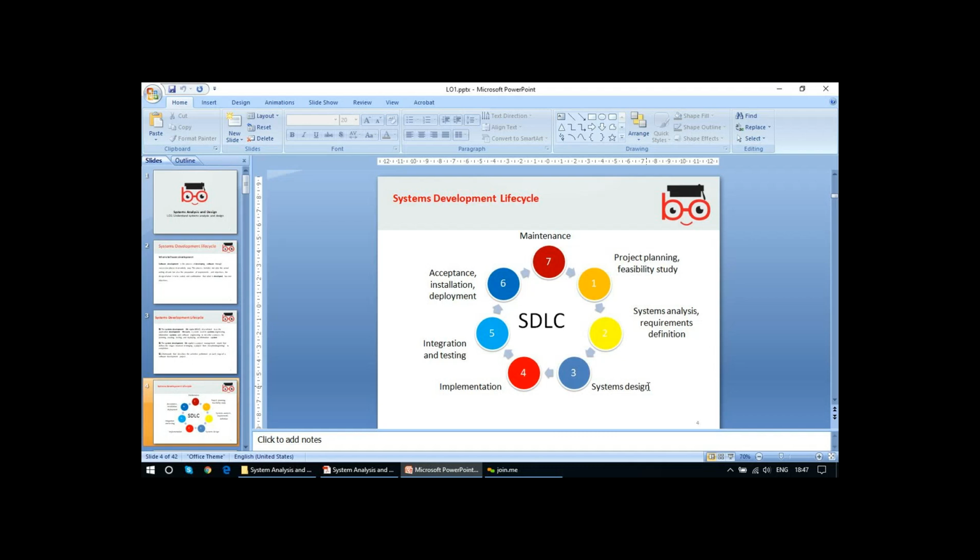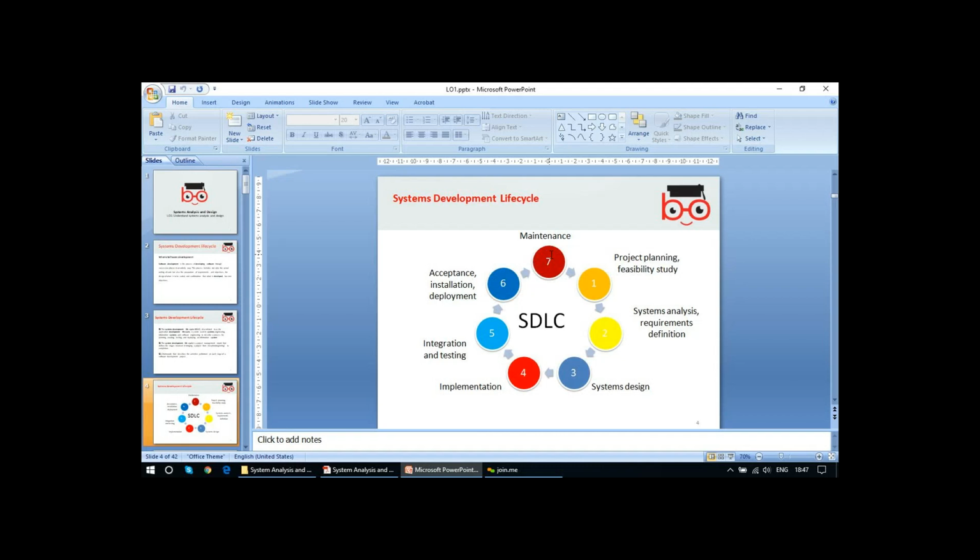Then implementation is the fourth one. Then integration and testing. Integration in the sense that the implemented thing could be one or more units, so you need to integrate them, or maybe integrate with an existing system. Also the installation and deployment into the real scenario.